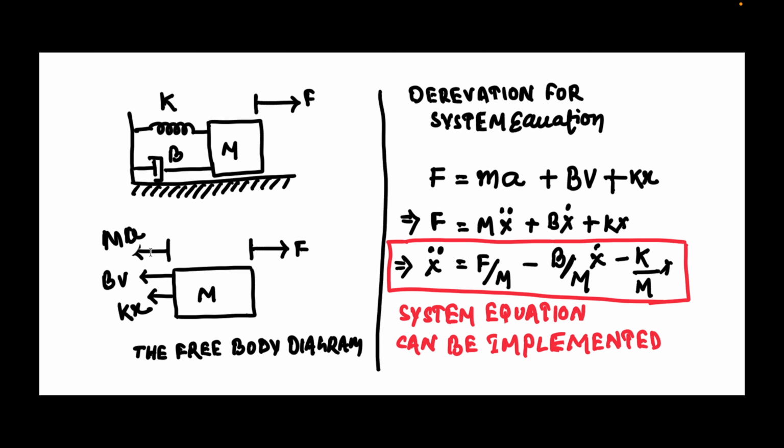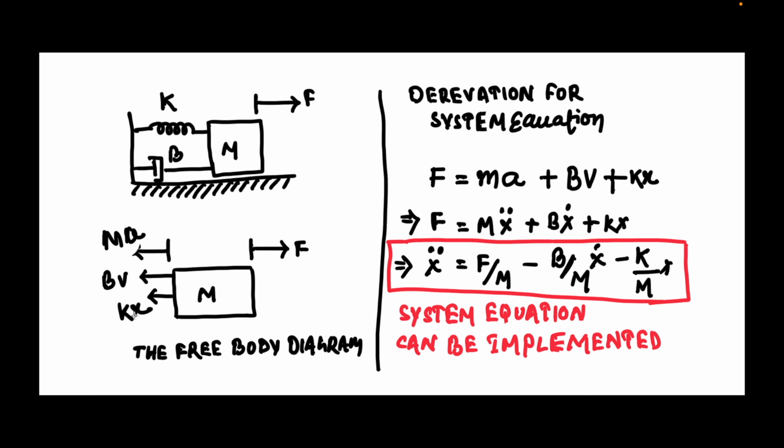Suppose we draw a free body diagram for this mass system. Then mass into acceleration will be in the opposite direction to the applied force, and B into velocity, or damping constant into velocity, will be the damping force, and Kx is the spring constant into the displacement.